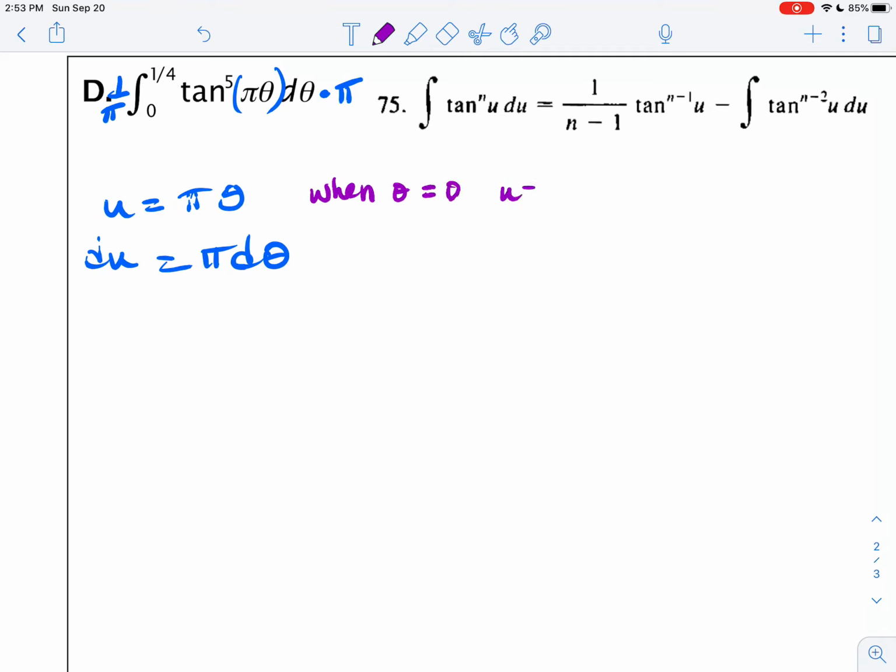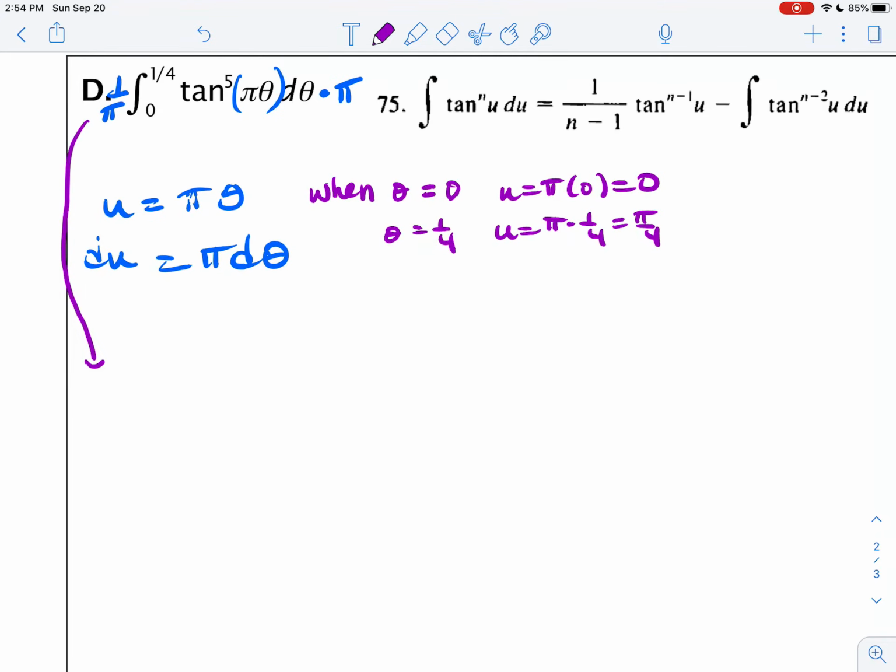When theta is equal to 0, u is going to be pi times 0, which is 0. And when theta is equal to 1/4, u is going to be pi times 1/4, which is pi over 4. So if I am going to evaluate that integral, I don't have to back substitute for u since I've changed my limits of integration.